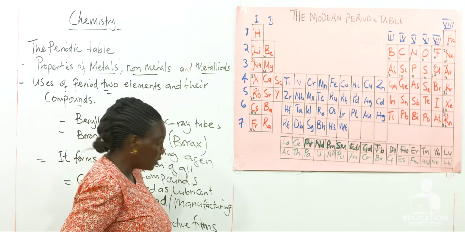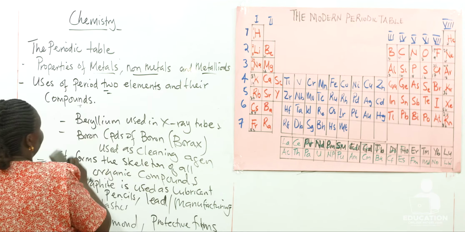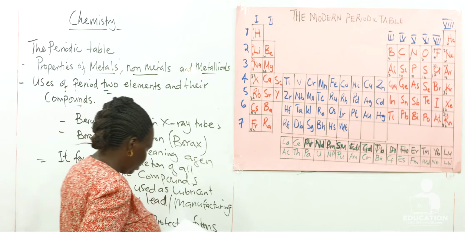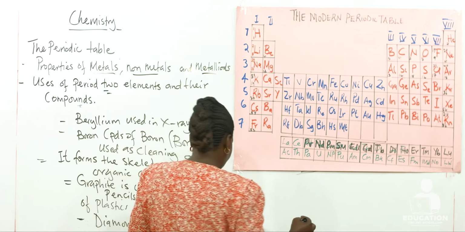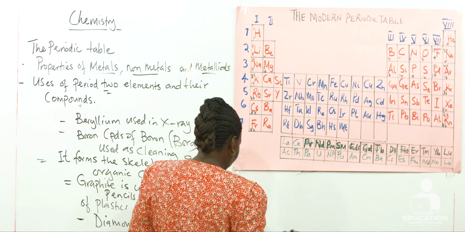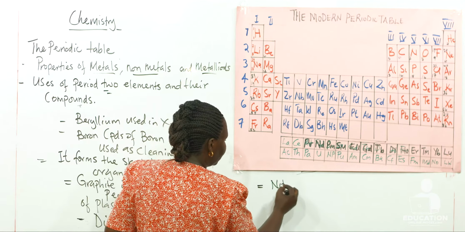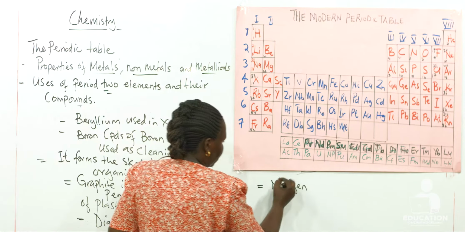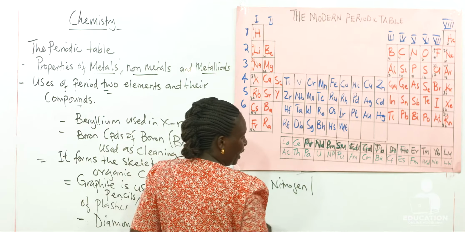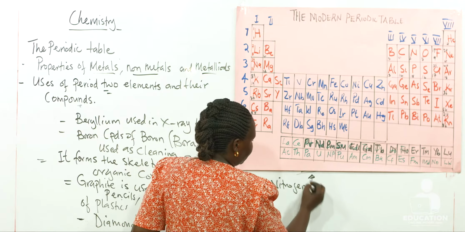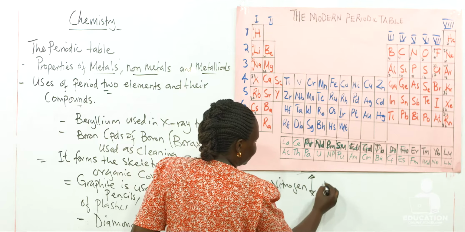Then we have nitrogen. Nitrogen is one of the primary elements in molecules of life also. Especially we find nitrogen in proteins. It is one of the elements in the structures of proteins.